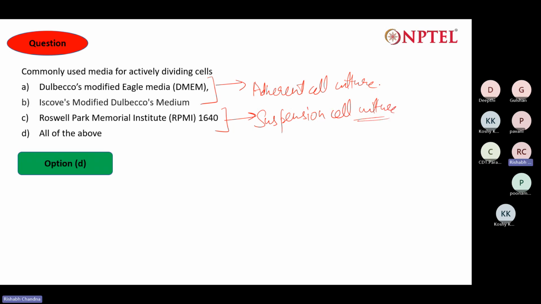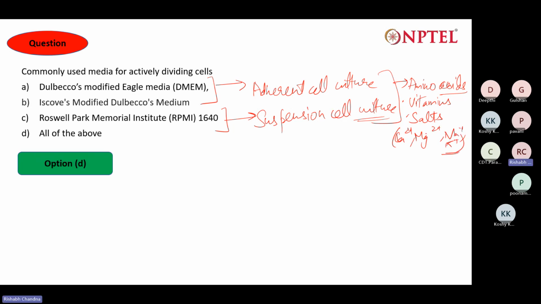Okay, so there can be more differences in terms of the constituents of the media, but the basic constituents that we use in all of these media are, first, all the types of amino acids. Okay, and second we have vitamins, and salts. We need calcium salts, magnesium salts, sodium and potassium.